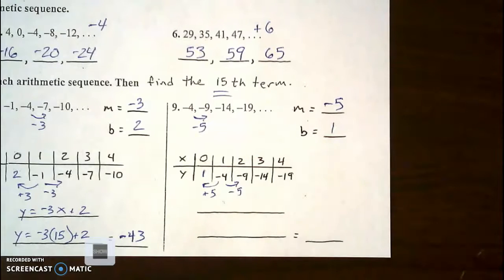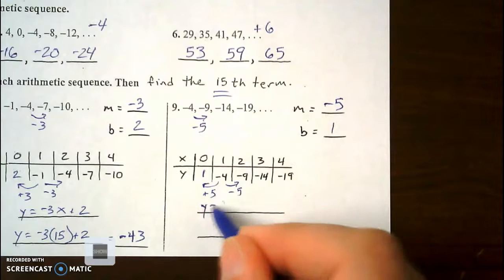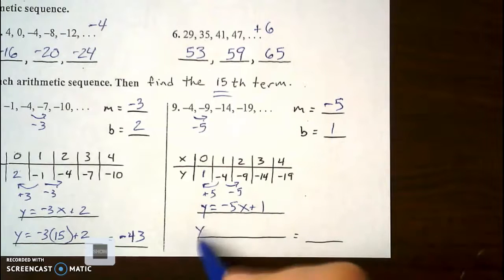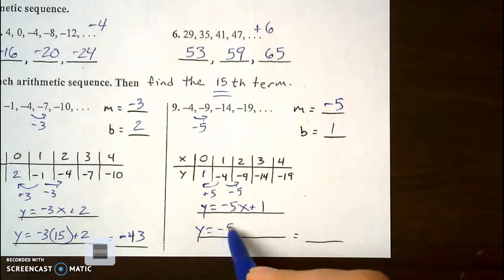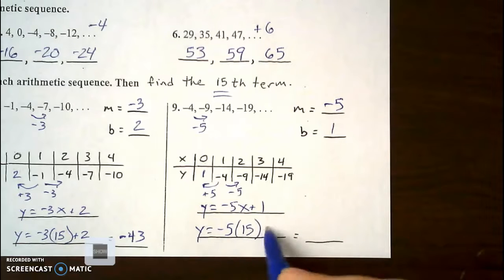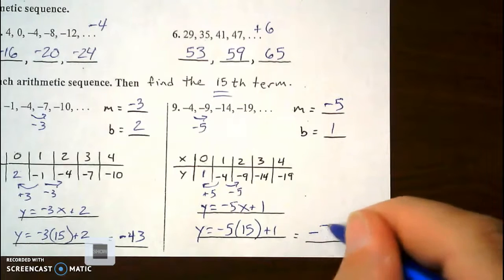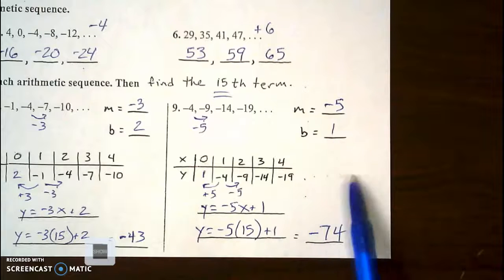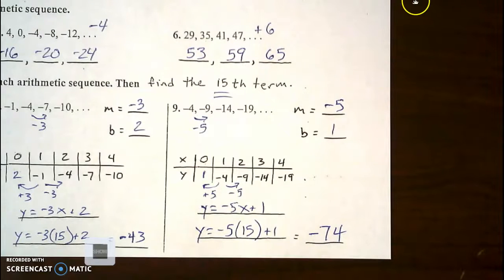So that's my y-intercept. Here's my equation. y equals negative 5x plus 1. Put 15 in for x. And do the math. Negative 5 times 15, negative 75. Negative 75 plus 1 is negative 74. That would be the 15th number if I kept going.